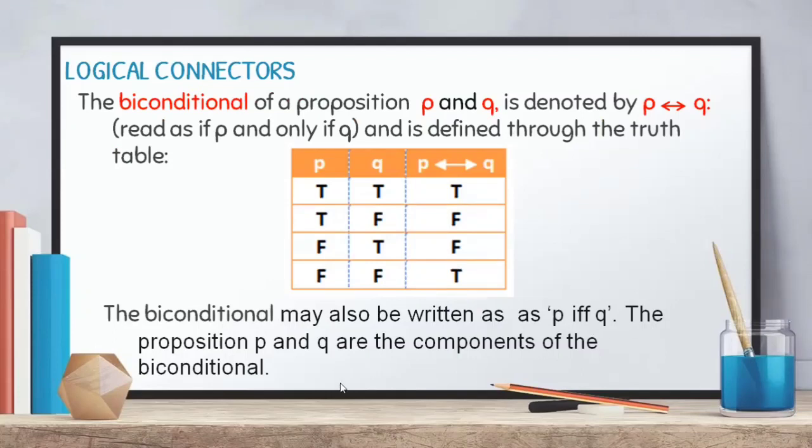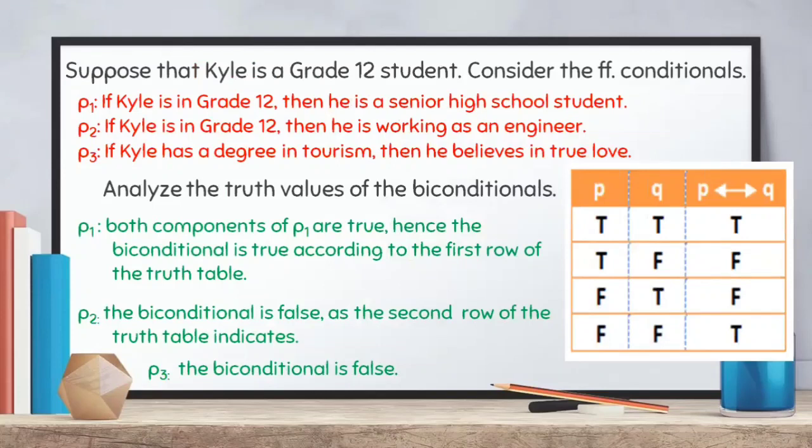So the propositions P and Q are the components of the biconditional. Let's have our examples for this, using the same example in our conditional. If Kyle is in grade 12, then he is a senior high school student. Both of our statements, P and Q, are true, then our P if and only if Q is also true, right?